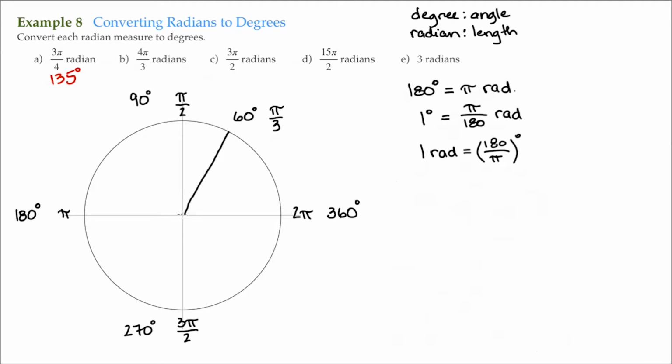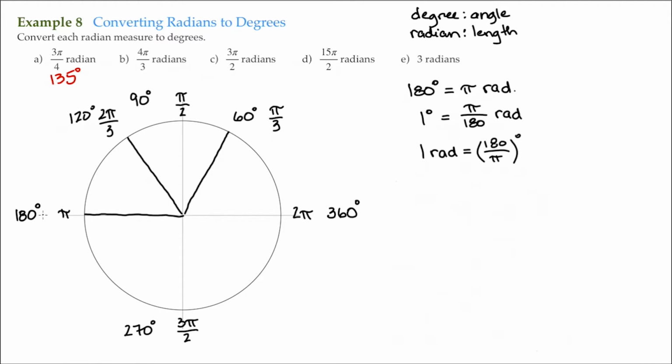Another 60 degrees, that gets me to 120 degrees. That's 2 pi over 3. 60 degrees, another 60 degrees, pi over 3, another pi over 3, 2 pi over 3, another 60 degrees.